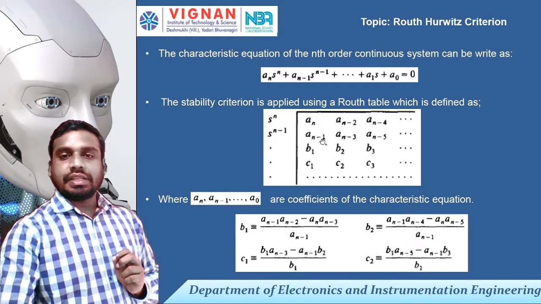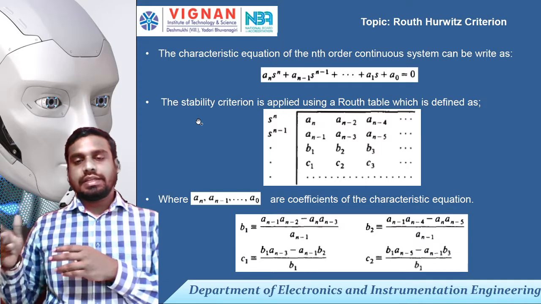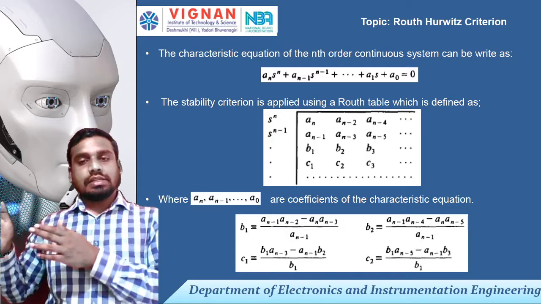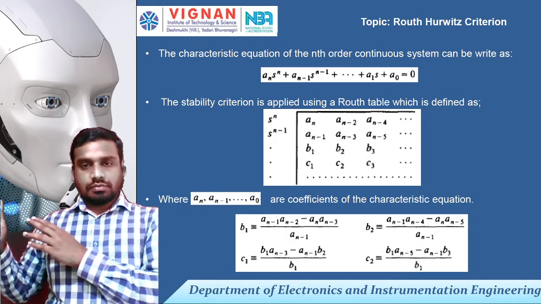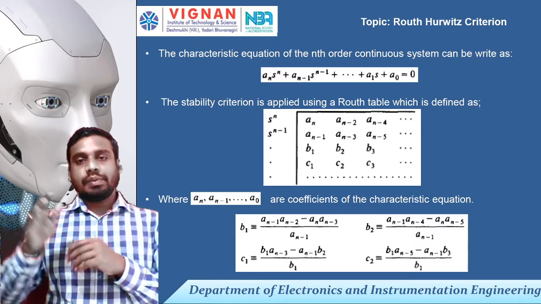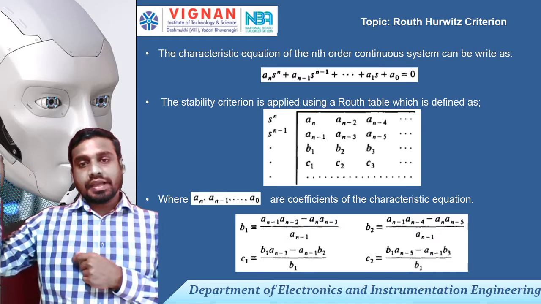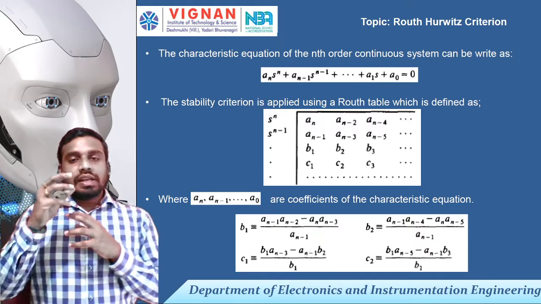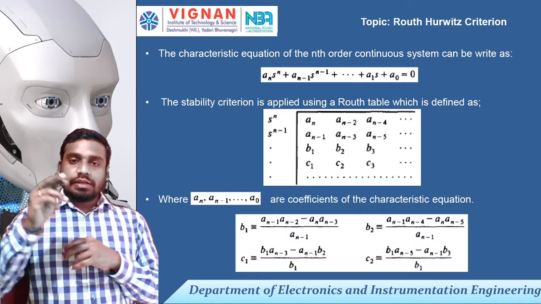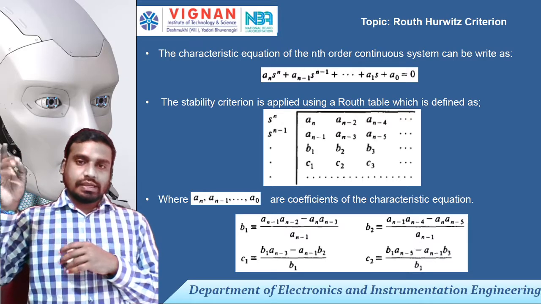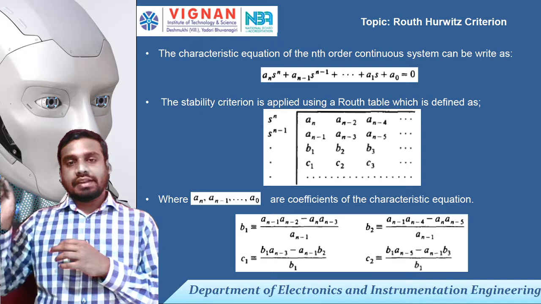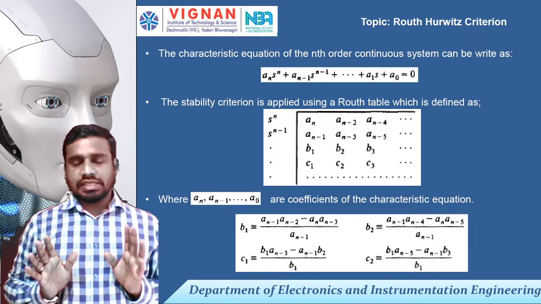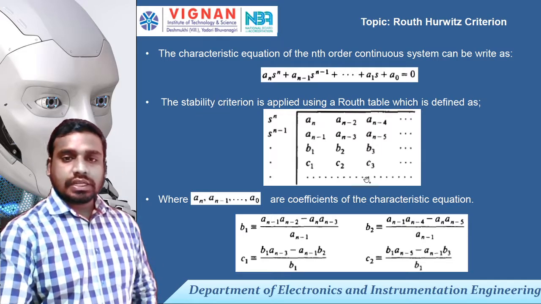Similarly, when you're calculating B3, whatever the next term is, an minus 6, an minus 7 will be there. Right? The next column, the fourth column of this array, will have the first element an minus 6, an minus 7. So an minus 1 into an minus 6 minus an minus 7 into an, divided by an minus 1. So the denominator factor will remain the same. That is how you can calculate the third row.